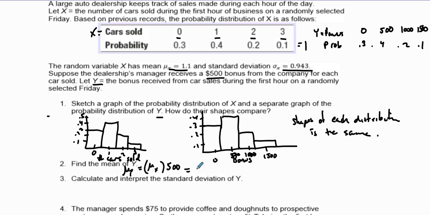So we take 1.1, multiply by 500, and that will give us our value. Well, I'll just move this down here. Okay, and so what we have here is $550.